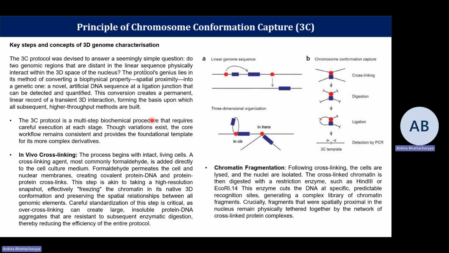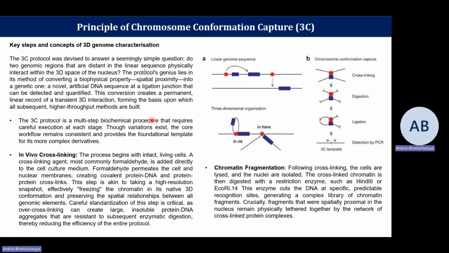Next comes chromatin fragmentation. Following cross-linking, cells are lysed and nuclei is isolated. Cross-linked chromatin can then be digested with a restriction enzyme like HindIII or EcoRI as well.